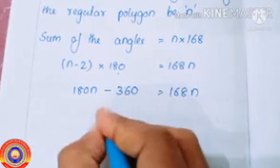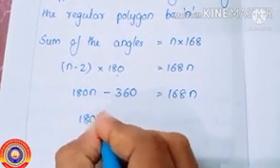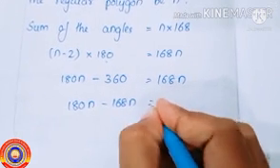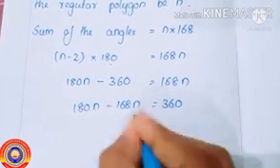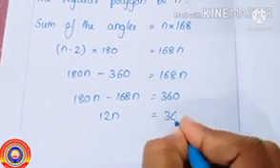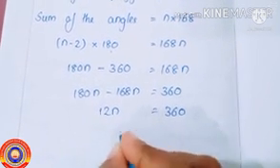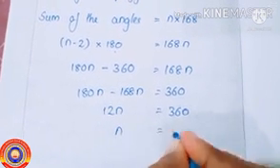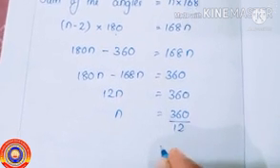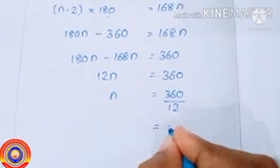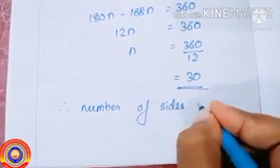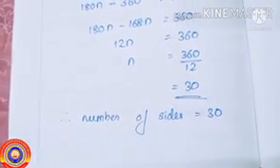Let's bring the n's together, that is 180n minus 168n is equal to 360. 180 minus 168 is 12, so 12n is equal to 360. Next we can find the n. n is equal to 360 divided by 12, which is 30. Therefore, the number of sides is equal to 30.